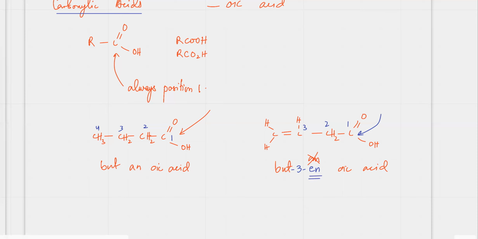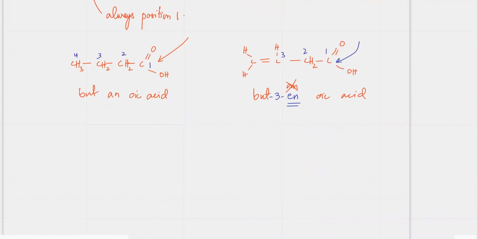What you could have is a molecule with two carboxylic acid groups. This would have two hydrogens. So I've got two carboxylic acid groups now.